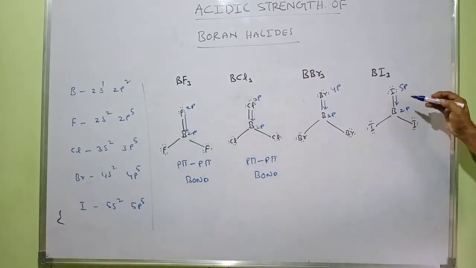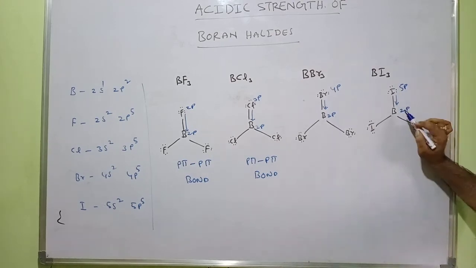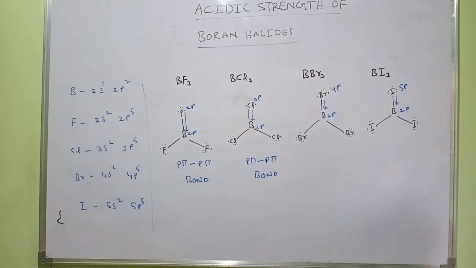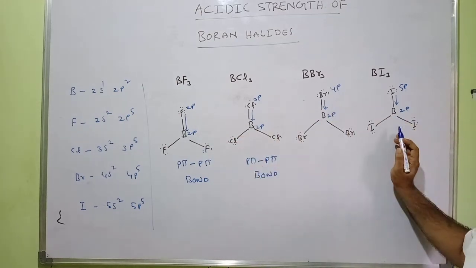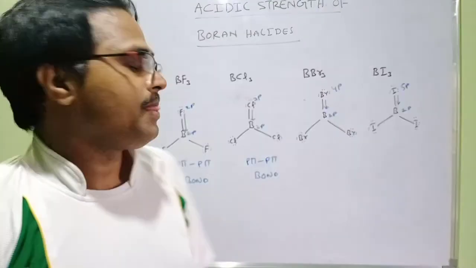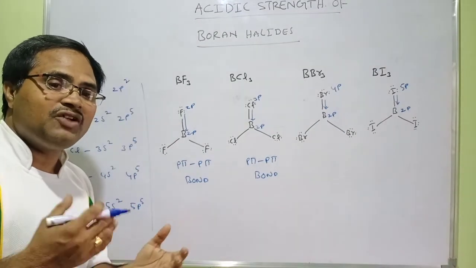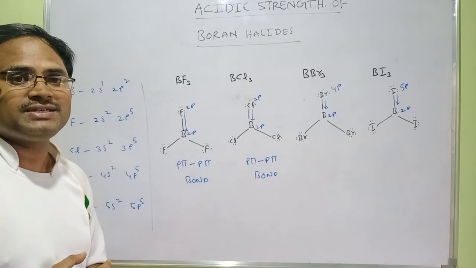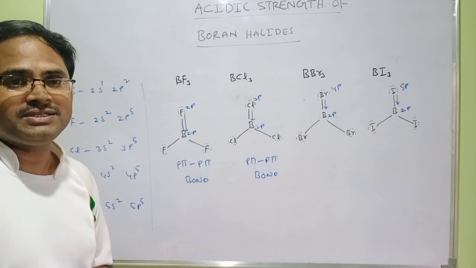But here it is not like that. Since the overlapping is very less, the lone pair doesn't enter completely into the empty orbital of boron. So where do you have more empty space, here or there? Yeah, here we have more empty space because overlapping is less. Here you have less empty space at boron. If you have less empty space, that will be the least Lewis acid. If you have more empty space, that would be a strong Lewis acid.